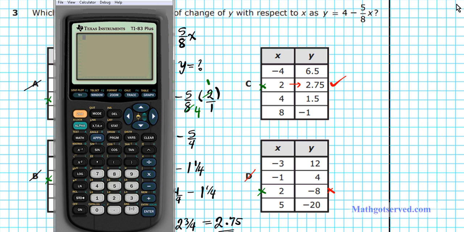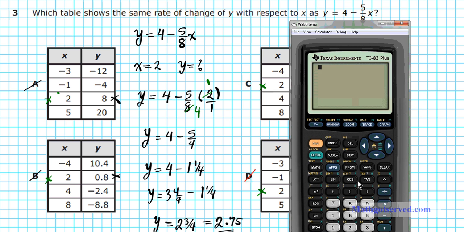I'm going to plug x into my equation: 4 minus, and when you enter fractions, please group them together using parentheses, 5 over 8, times x. What is x? We use the value of 2 as our x value, so hopefully our answer comes out to 2.75. Let's see what happens. Boom, 2.75.